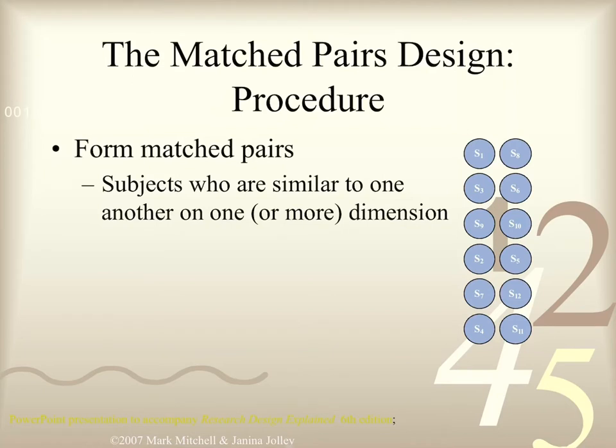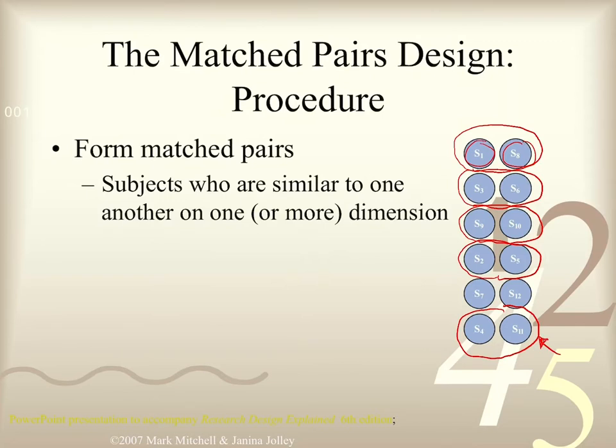So we take and rank order people from the highest IQ to the lowest. And what we're going to do is form these pairs of people who are the most similar to one another on IQ. So subject number 1 is matched with subject number 8. Down here, subject number 4 is matched with subject 11, because these people have, for instance, maybe the lowest IQ.